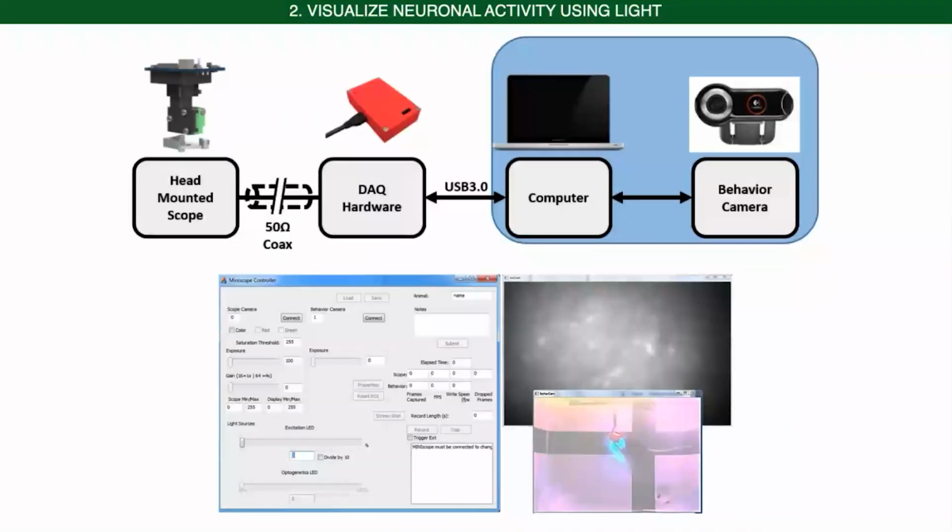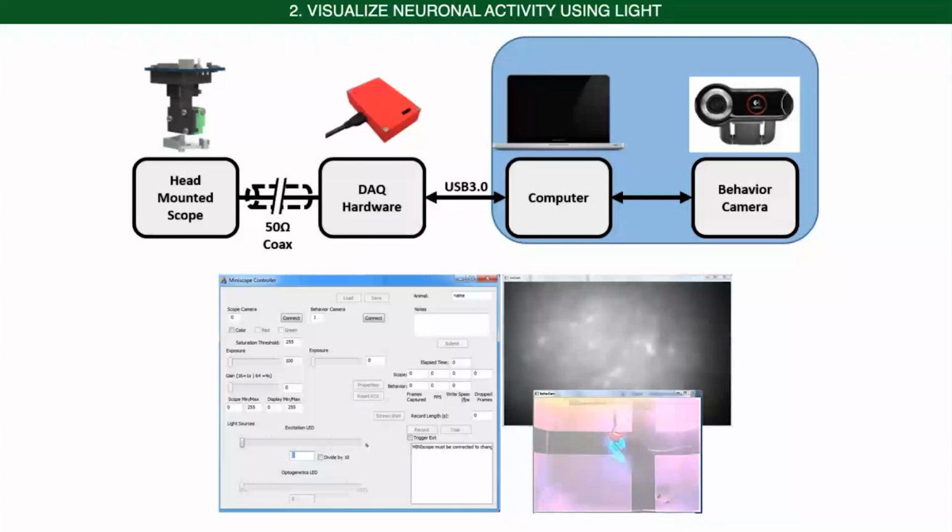The other component of the miniaturized microscope is obviously the possibility to connect it with the behavior of the animal, which is the main point. We do want to visualize the neuronal activity while we are looking at the behavior of the animals. And so this is the reason why we want to connect the head-mounted scope with the DAQ array that is connected with the computer.